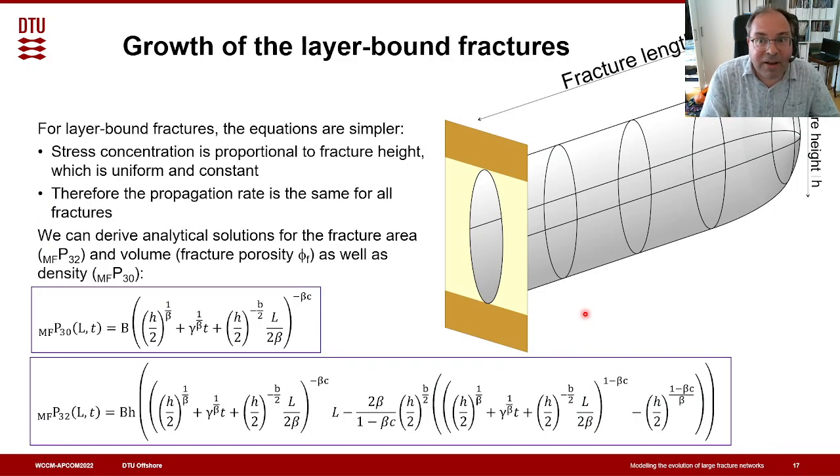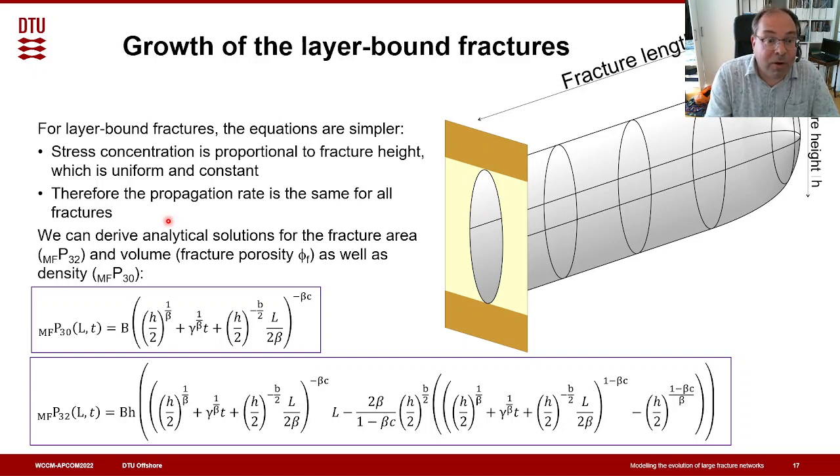Now, in the case of layer-bound fractures, the equations are simpler. Because the stress concentration is proportional to the minimum dimension of the fractures, which in the case of layer-bound fractures is the fracture height, which is controlled by the layer thickness, this is uniform and constant, and therefore the propagation rate is the same for all layer-bound fractures.